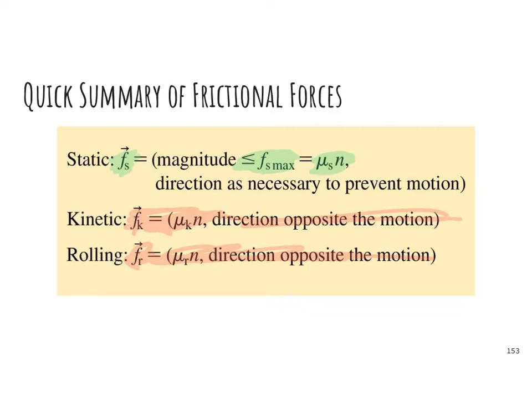I can push harder and harder, which means the force opposing my motion gets larger and larger until I reach this maximum static friction, and then I break it and go into kinetic friction. It's a weird thing to wrap your head around, but it's true, because there has to be no net force if there's no acceleration.